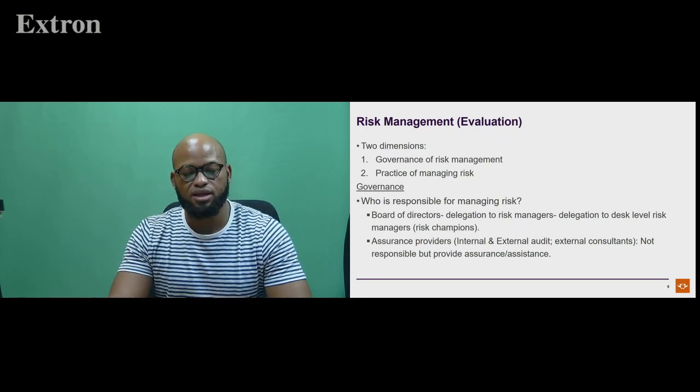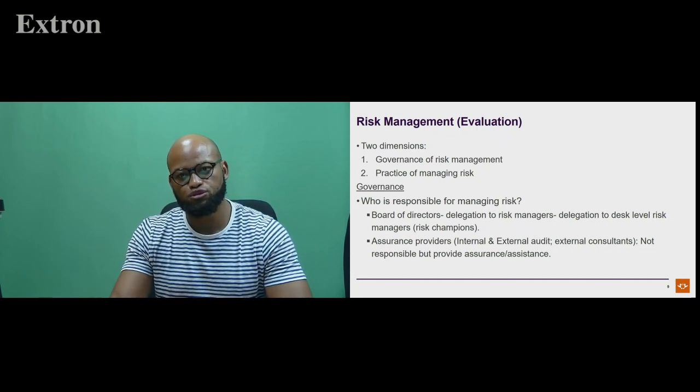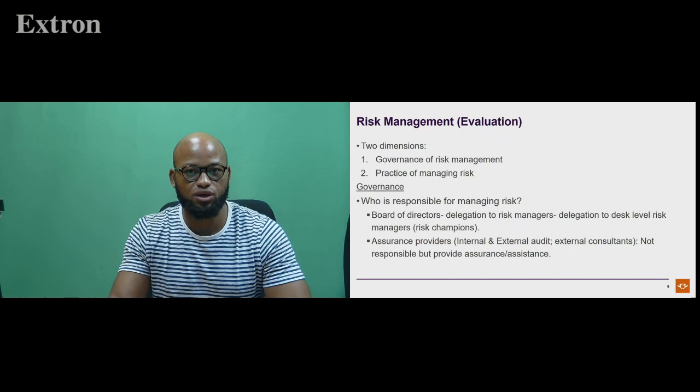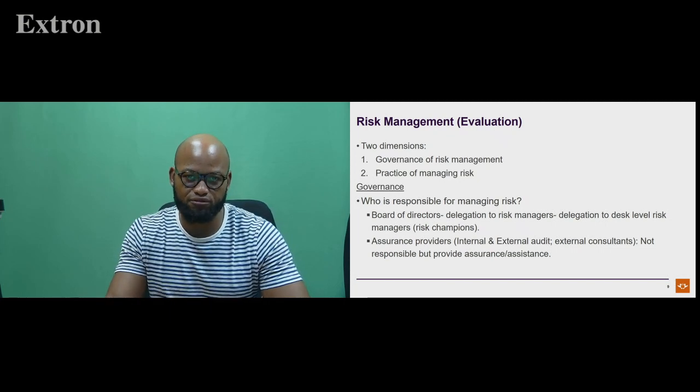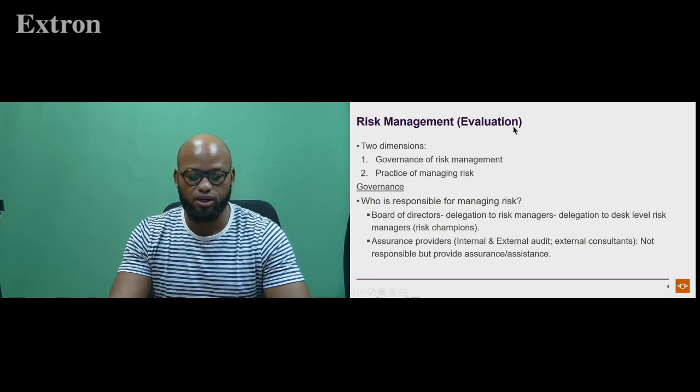The higher order verbs, the higher you go, you are expected to move from just recalling information to learning how to actually apply that information to solve a specific problem. And so evaluation is the highest order verb, and you essentially on this course will be evaluating risks.